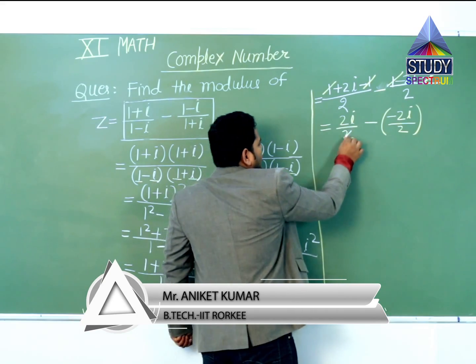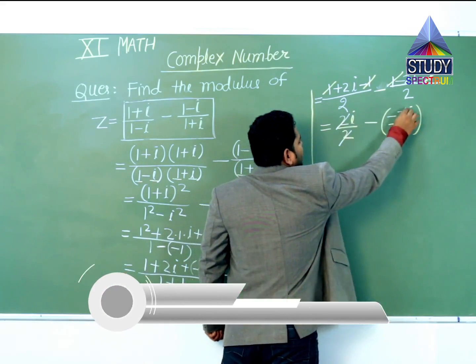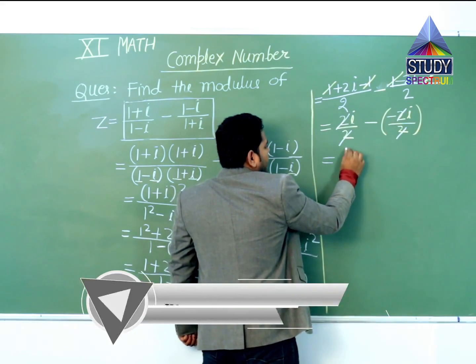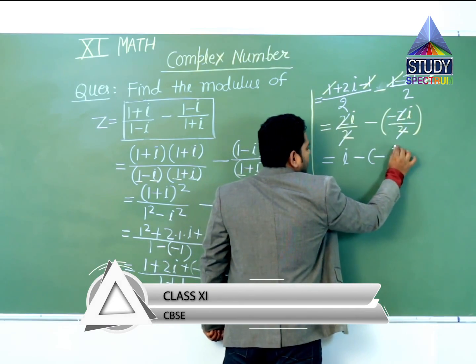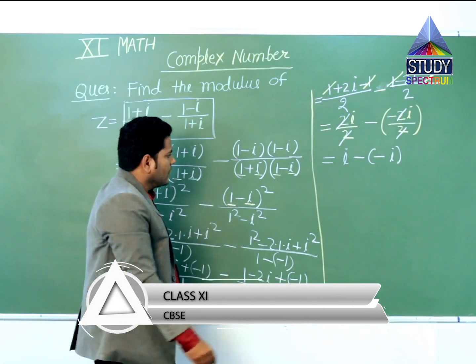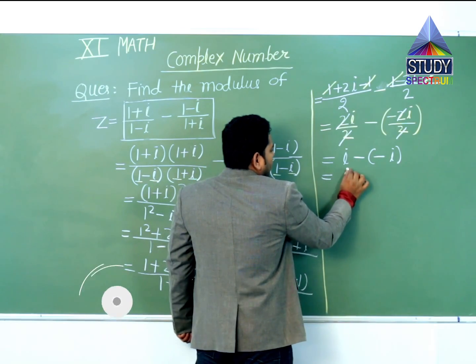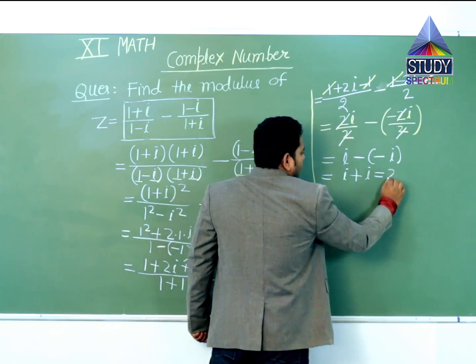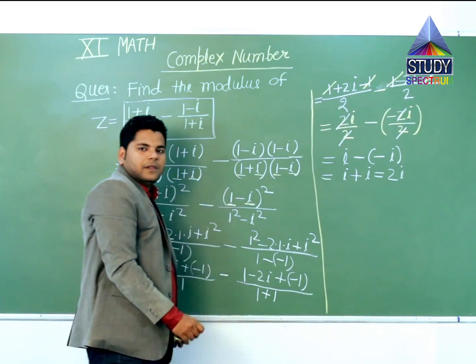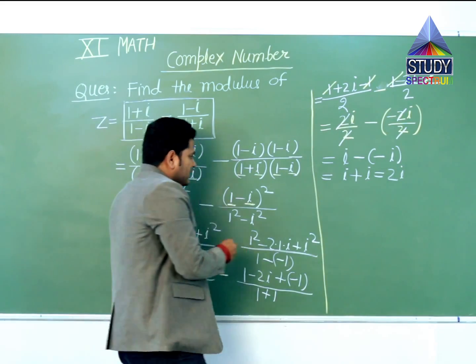So the 2s cancel out and we are left with i minus (−i). Minus into minus is plus, so that is 2i.